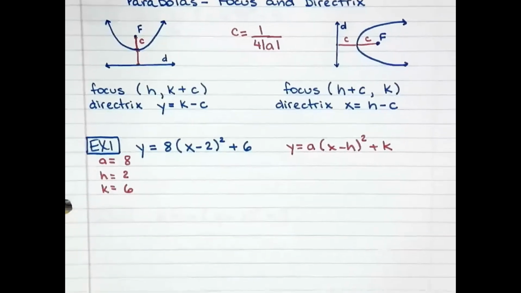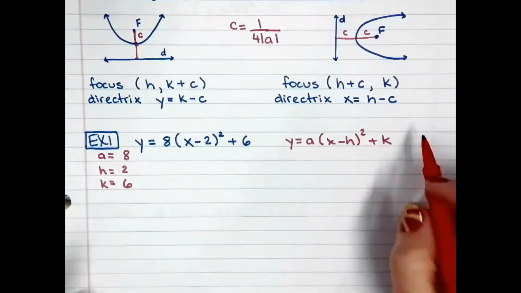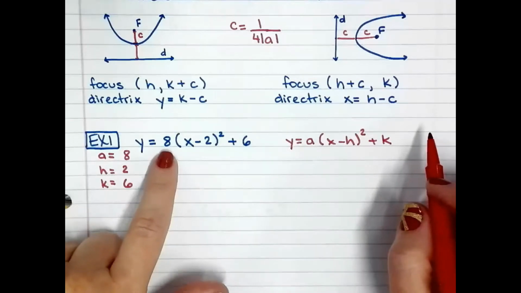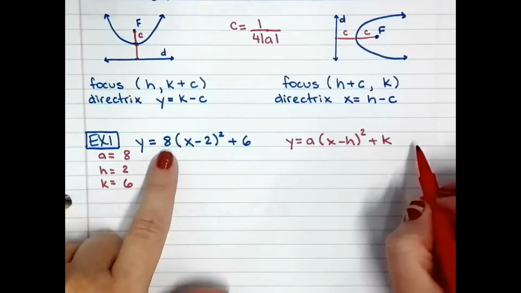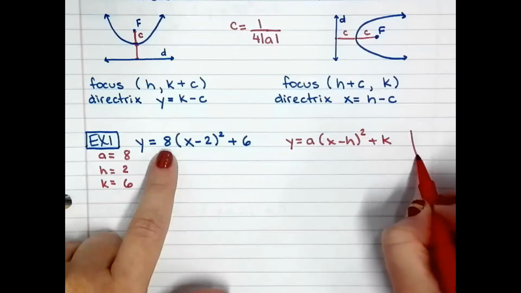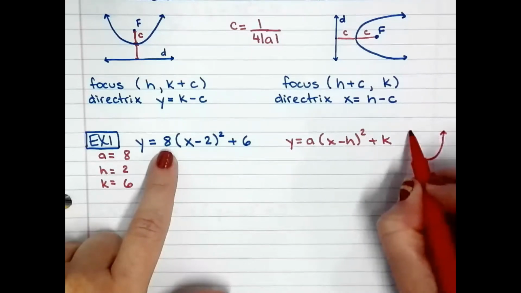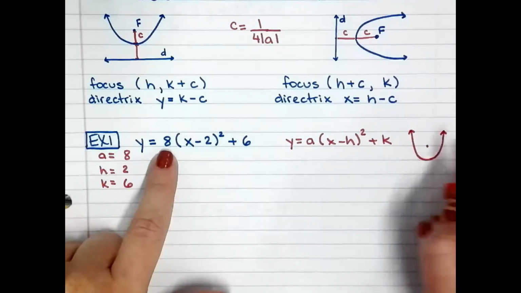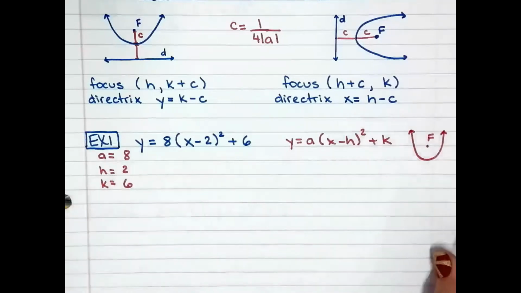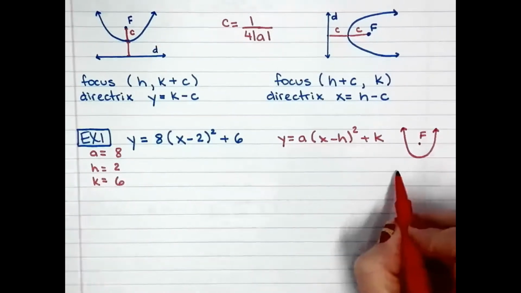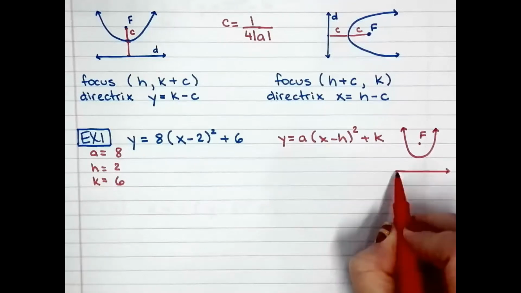Okay, before we go any further, I know A right here is positive. So the parabola is going to be opening up. Focus should be over there somewhere, and the directrix should be over here somewhere.